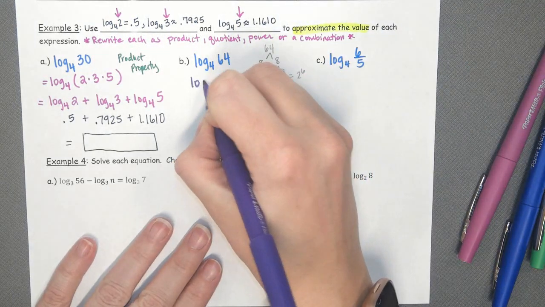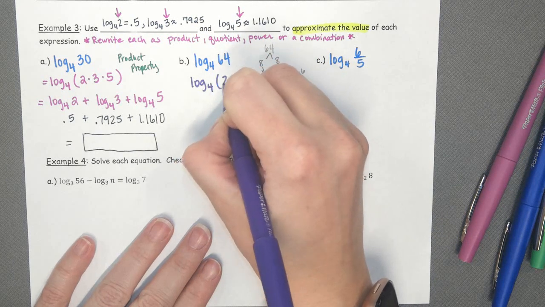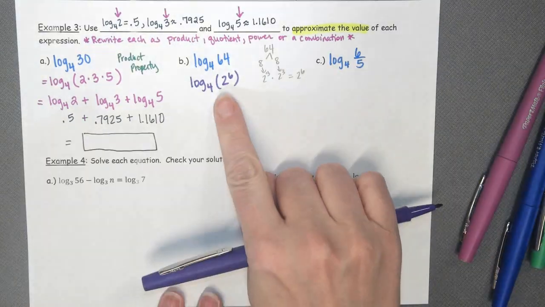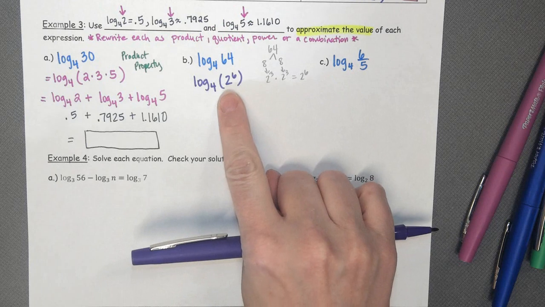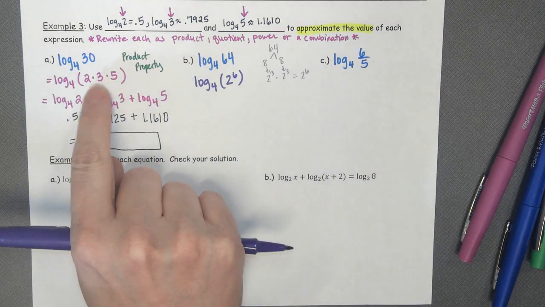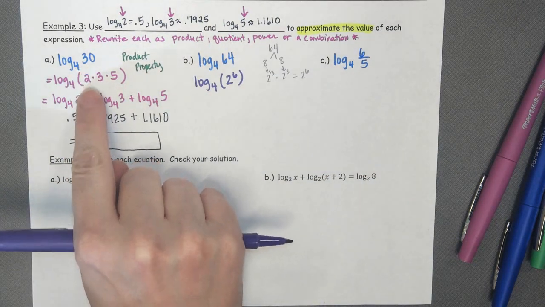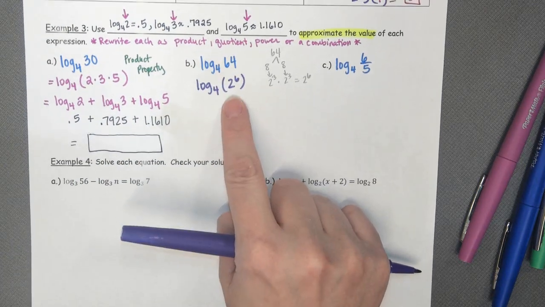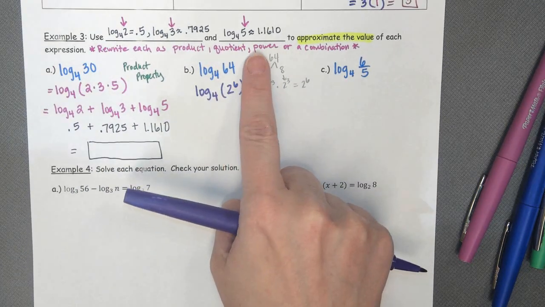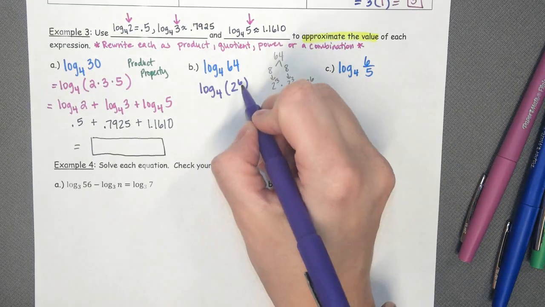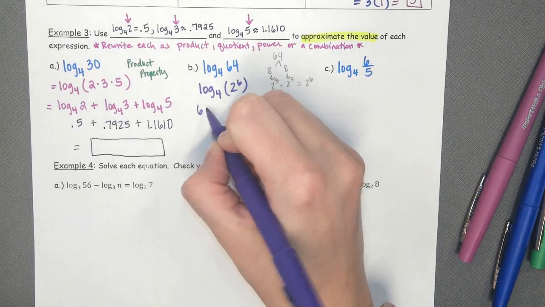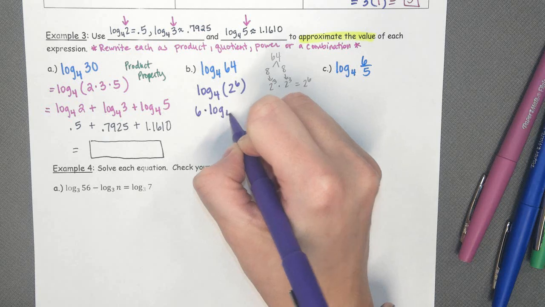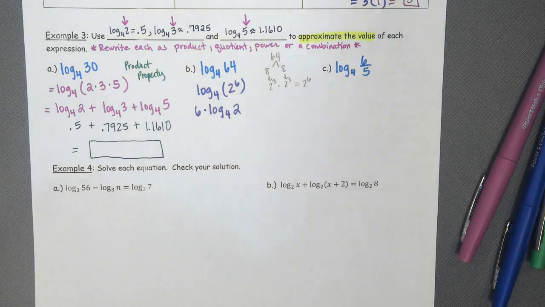So this would be log base 4 of 2 to the 6. 2 to the 6 is 64. You can always rewrite it as long as it's the same value. 2 times 3 times 5 was 30. 2 to the 6 is 64. Now I can use my power rule, which is where the exponent is multiplied by the log base 4 of 2.